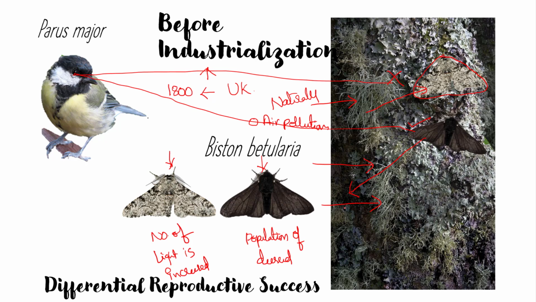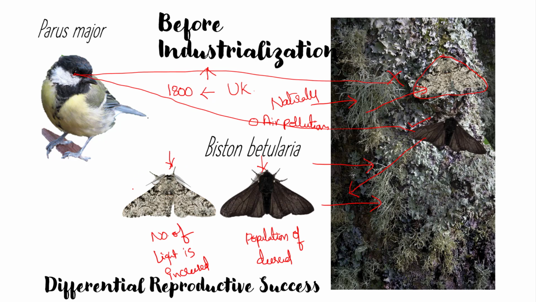So some dark colored moths survived and are seen along with the light colored population, but the number of light pepper moths is very high compared to the dark colored moths.